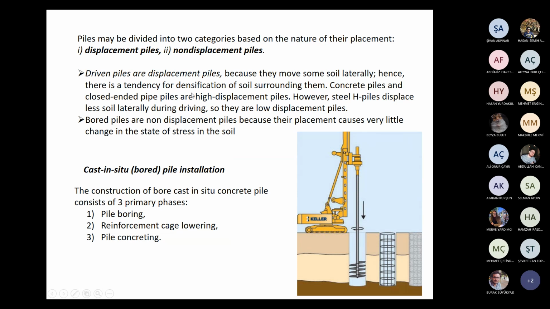H-section piles displace less soil, so they are low displacement piles. Bored piles, on the other hand, are non-displacement piles. Why? Because their placement causes very little change in the state of stress in the soil.